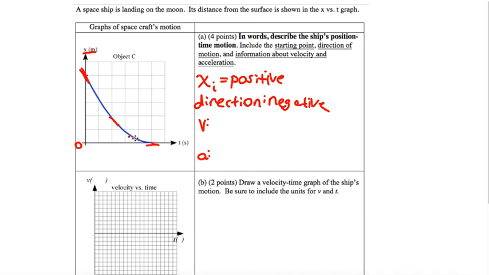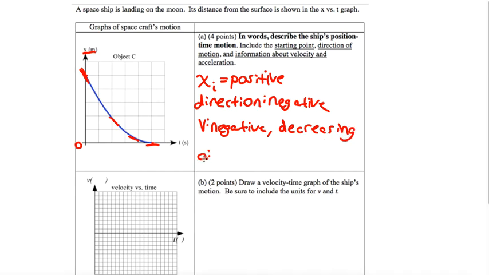The slope decreased. So that tells me that my velocity, it's downward, so it is negative. And since it flattened out, that means the object was slowing down. So it's negative, and this velocity is decreasing. The slope flattened out.